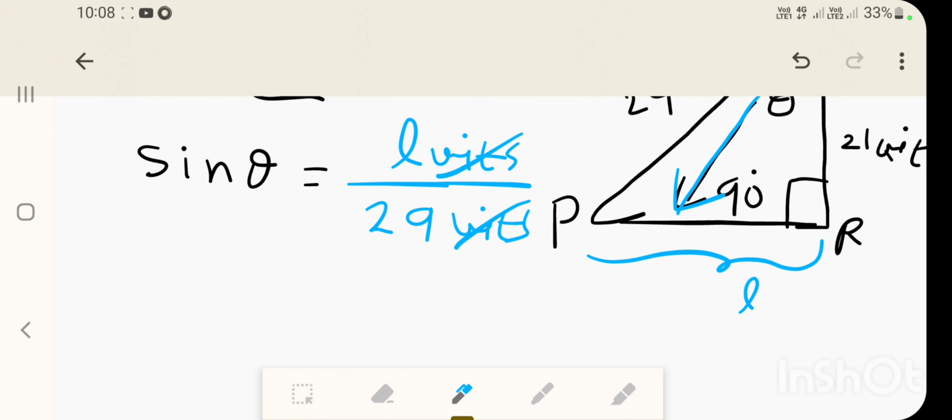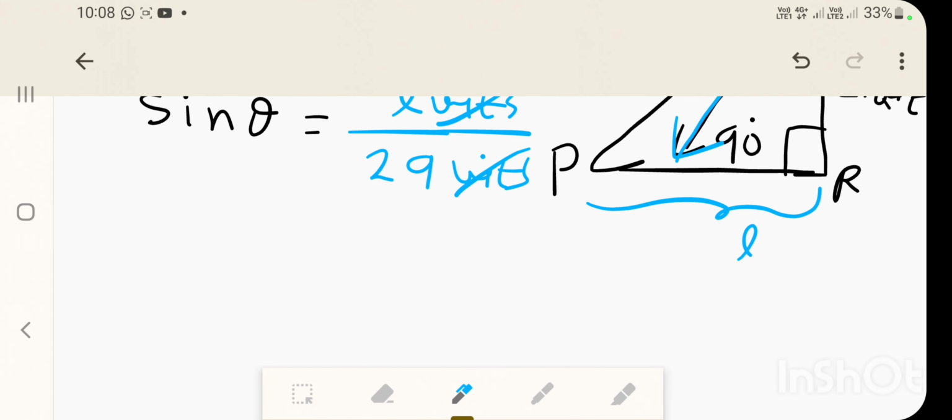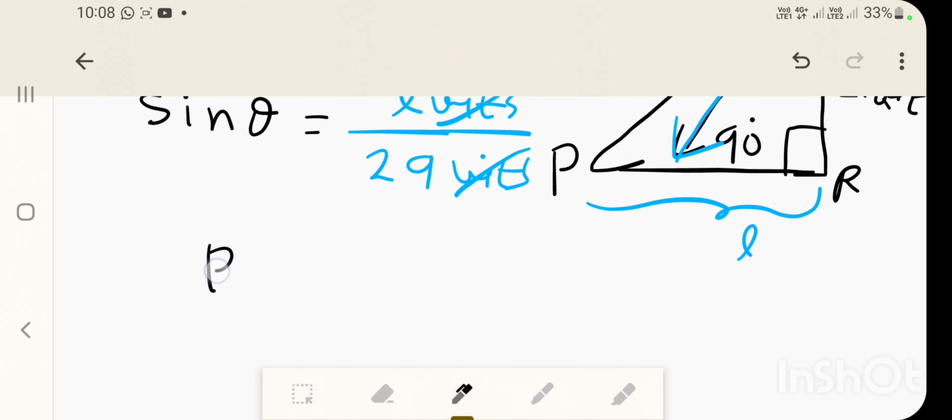So to calculate sin theta, we need the length L, that is the length of PR. How to calculate the length of PR? Can anybody guess? We have already seen in the previous lecture that we have to use a theorem called Pythagoras theorem.